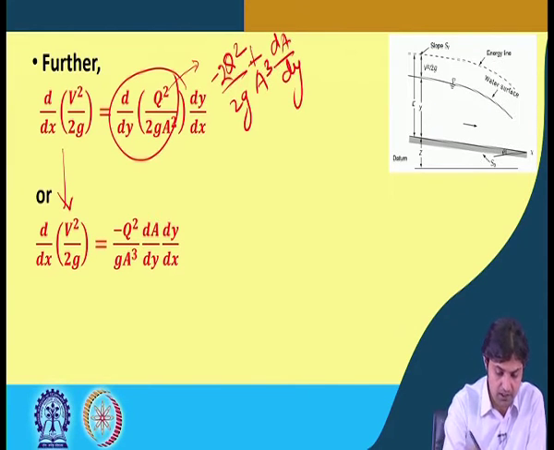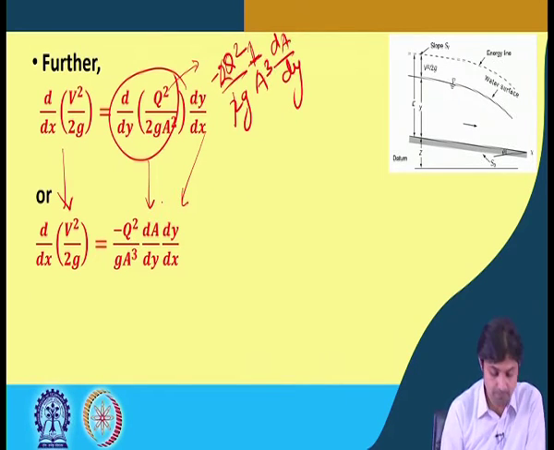And then, 2 and 2 get cancelled, this becomes Q square by g A cube into dA by dy, and this dy by dx comes as it is.